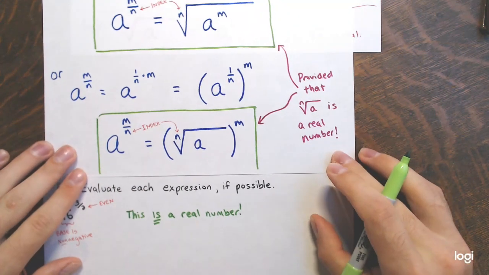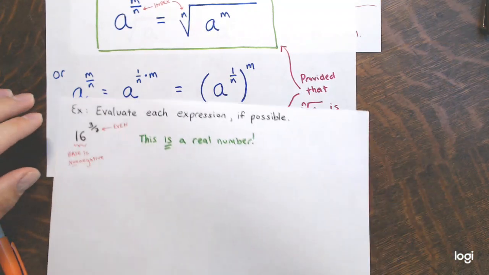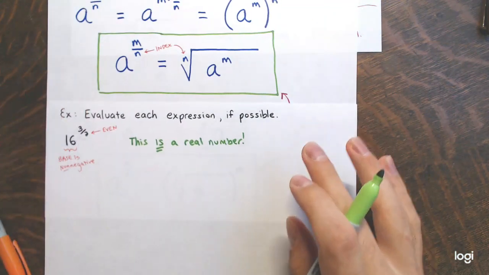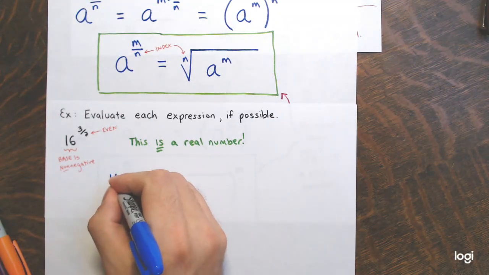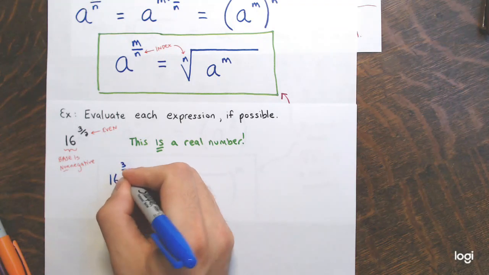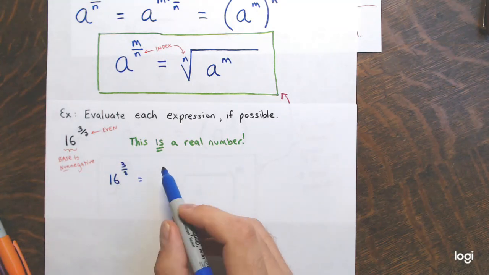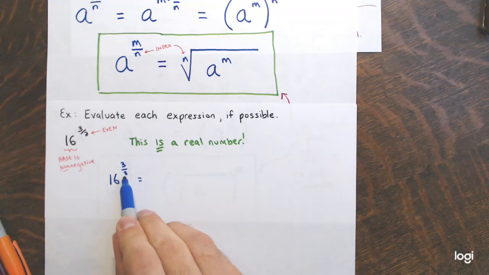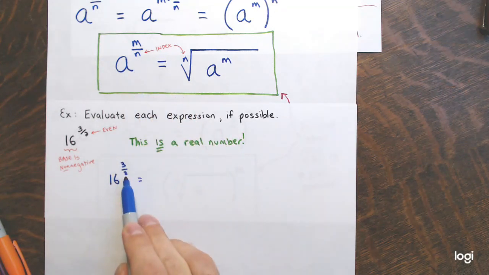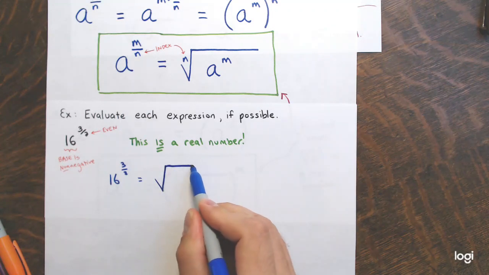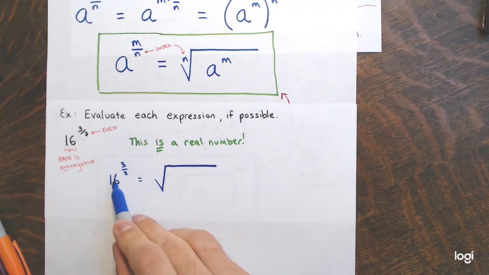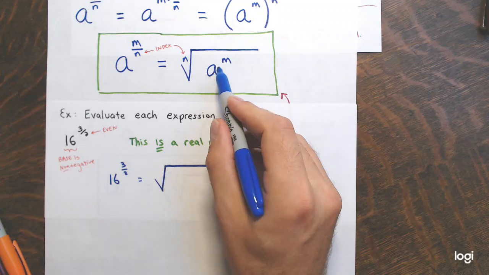As I said, I'll go through both. So let's look at this first one here. We can think of 16 to the 3 halves as, again, the denominator is 2, so we can think of it as the square root of, and then inside we have a to the mth.